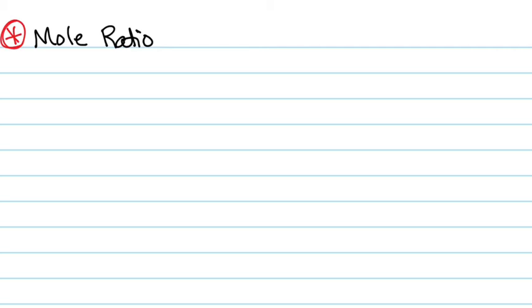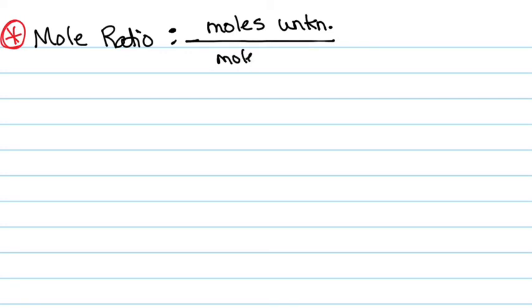The mole ratio, that is moles of unknown over moles of known. Now, the numbers that are used for the mole ratio, out front, you would have a number here and a number here, and it's always, well, where do you get these numbers from?